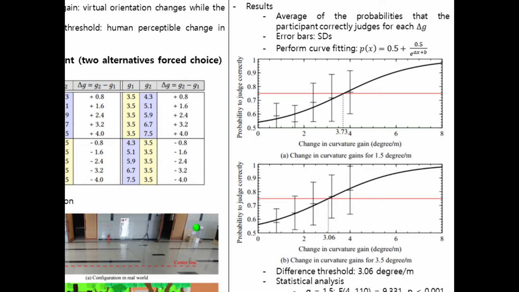If 3.73 is set as the difference threshold, a probability to judge correctly close to 0.8 appears at the change in curvature gain for 3.5. Therefore, it is appropriate to select a lower value for the threshold.